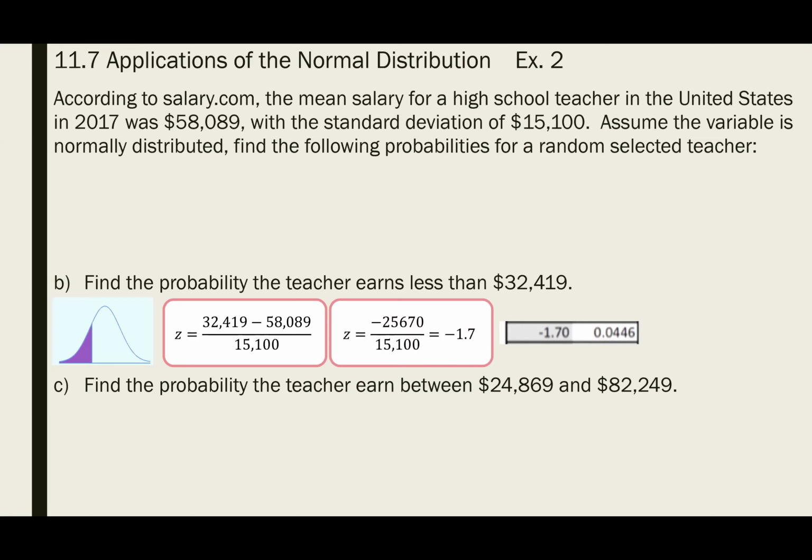What does this mean? The probability of a high school teacher earning less than 32,419 is 0.0446, which is less than 5%. Based on this data, less than 5%. But there are still some people, right?